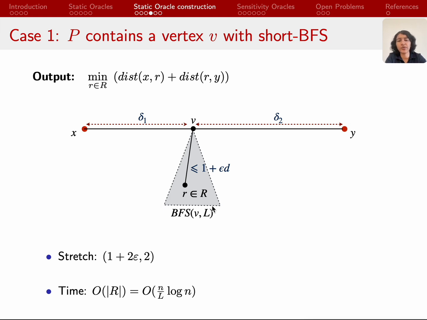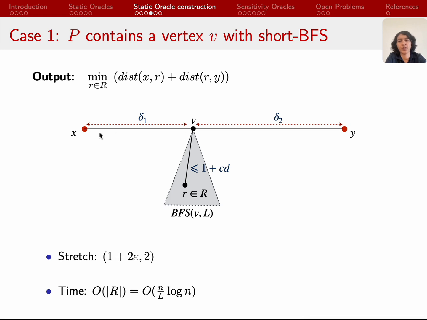Now since the partial BFS tree will have a non-empty intersection with the random set, what we can do is look at all the vertices in the random set and look at the value which is the x to r distance plus the r to y distance. And if we take the minimum one, then at least one vertex we'll get from this partial BFS tree.